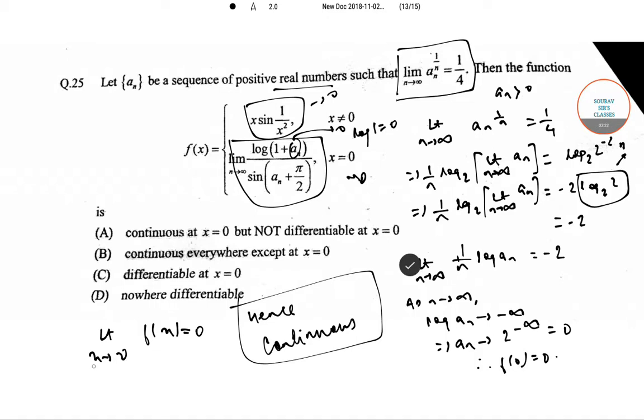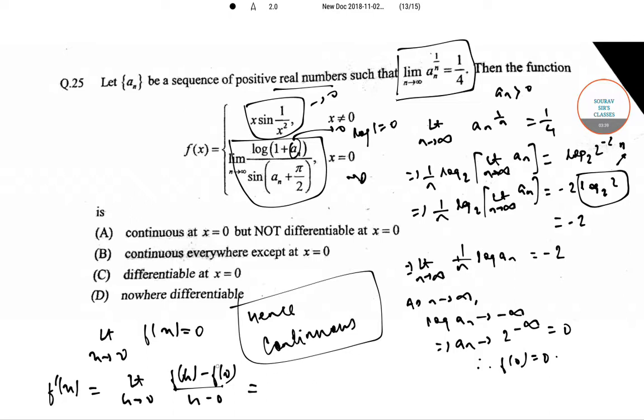Now, checking for differentiability, f dash x is equal to limit h tends to 0 of f(h) minus f(0) by h minus 0.